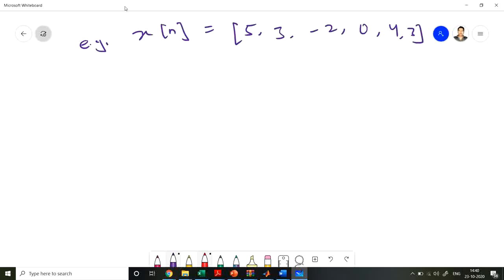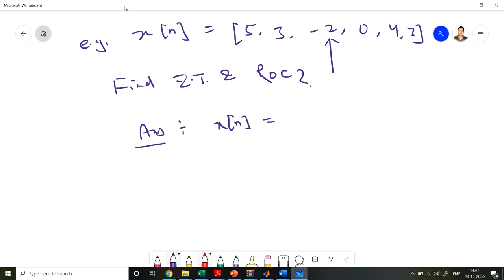This is the sequence, and there is an arrow at the point minus 2. Find out the z transform and region of convergence. So x[n] is given as 5, 3, minus 2, 0, 4, 3. The arrow is given at minus 2, which means it is the n equals 0 point.